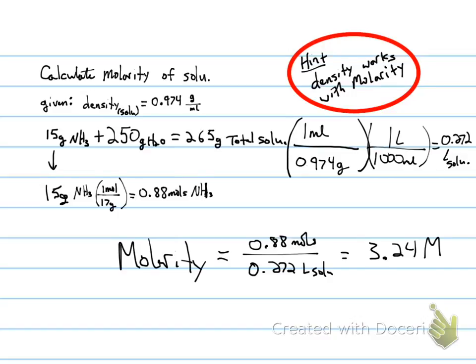So just to recap, I started here, and I converted my assumed 15% grams into moles. Then using the density, I converted the total grams of solution into liters, and then divided the two, and that is molarity.